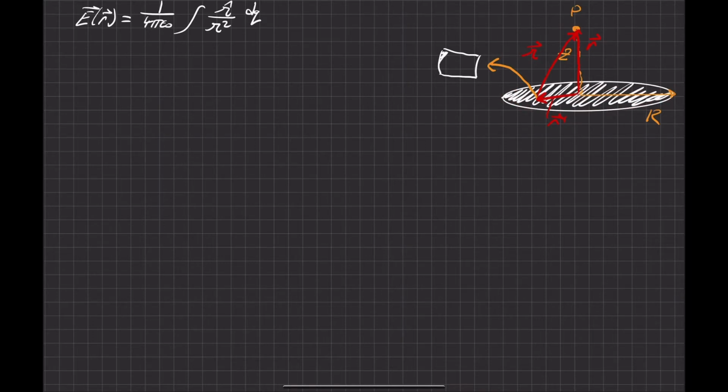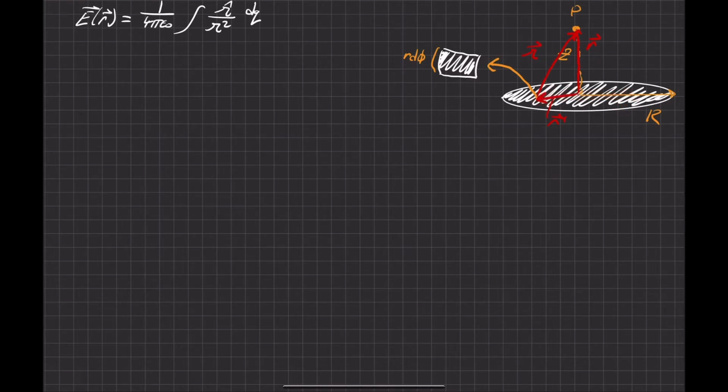Looking at this charged piece of disk right here, from review, we know that this length is going to be r d phi, where r is just some variable length for the radius. It could be here, it could be that length.